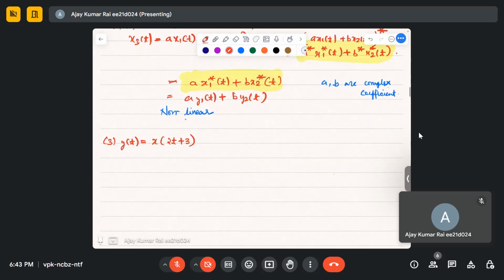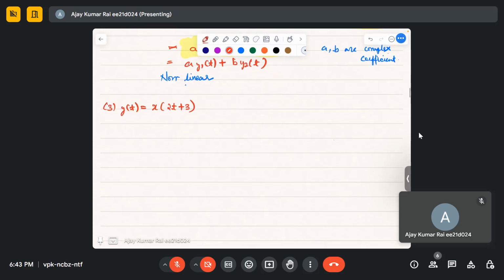Okay, you just try to solve. I'll solve here whether the system is linear or non-linear. So we're given with this. For x1(t), I should get this x1(2t plus 3). This is y1(t).